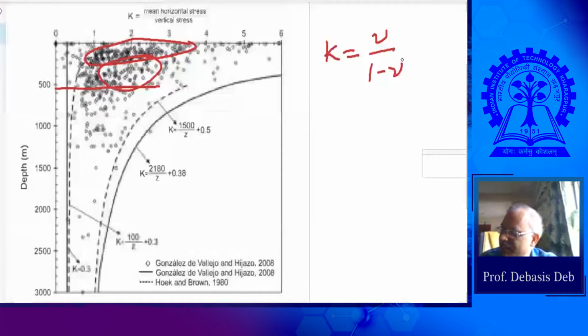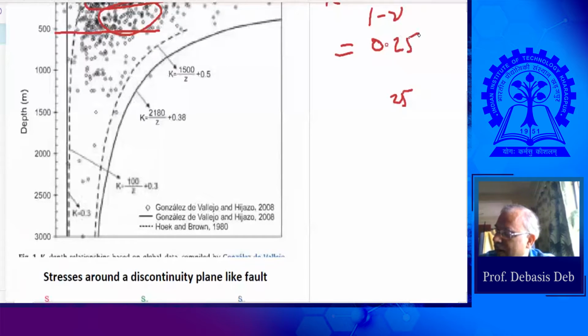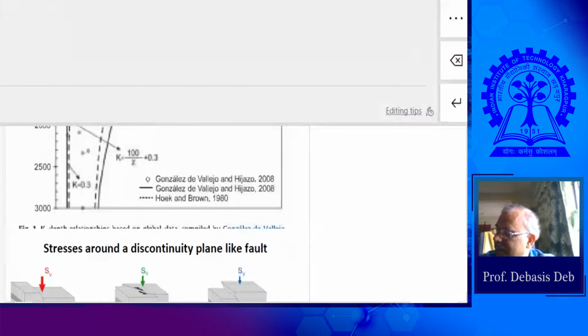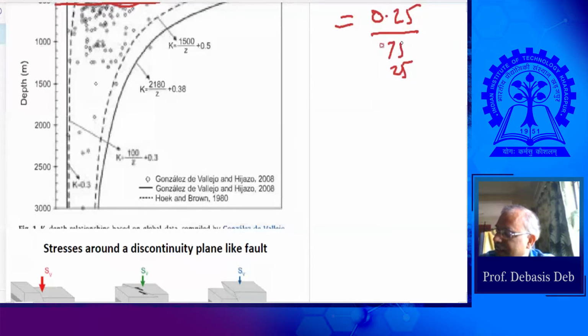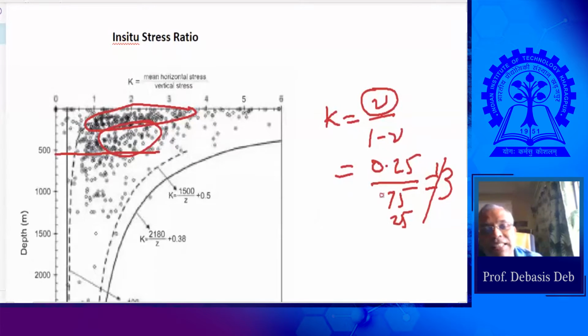Now, if you see the value of nu, the Poisson's ratio, this value is basically 0.25, so 0.25 by 0.75. This basically gives us 1/3. So what we are saying here is that the horizontal stress, according to this formula, is 1/3 of the vertical stress.